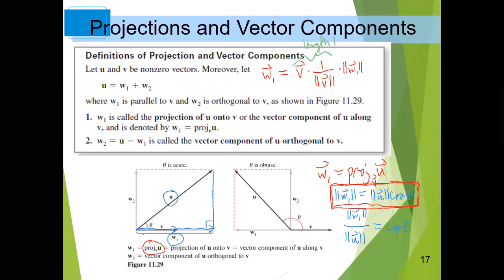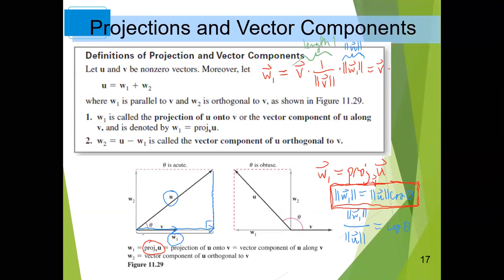So what do we end up with here? Well, it's going to be the length of V times, what's W1 again? Didn't we just figure out what W1 was? Yeah? What was it?